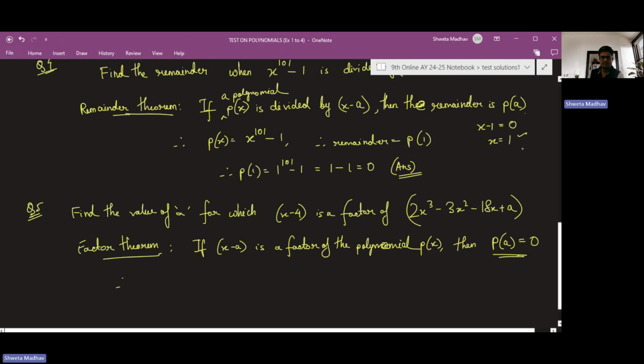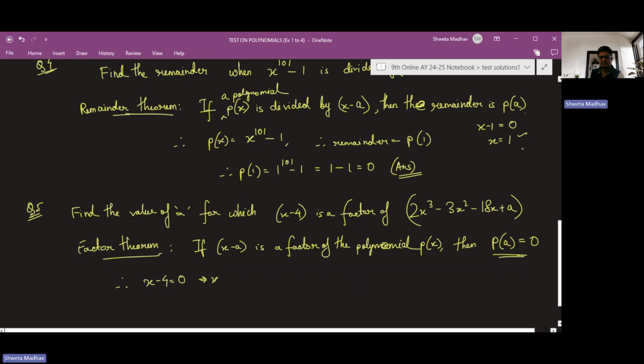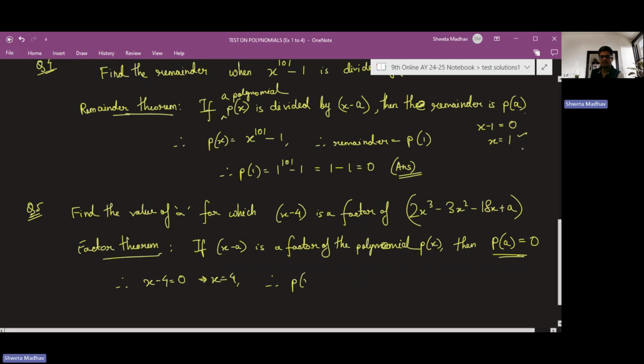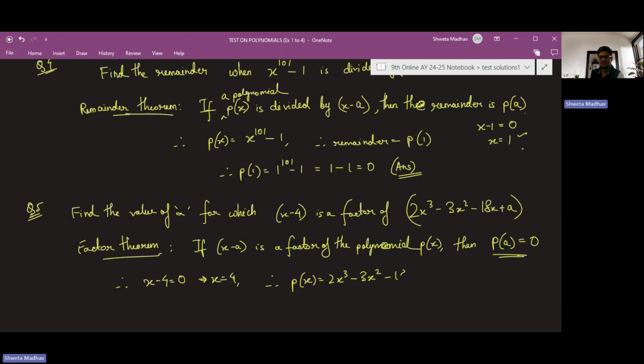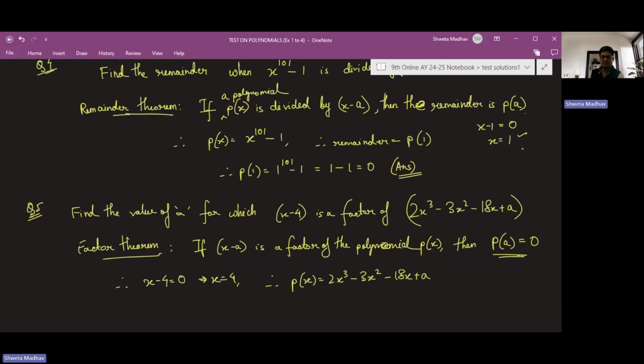So therefore here also, this x minus 4 we will equate to 0. Then I will get x equals 4. So if I take this p of x as 2x power 3 minus 3x square minus 18x plus a, then when p of x is divided by x minus 4, the remainder will be p of 4, and the remainder should be 0.